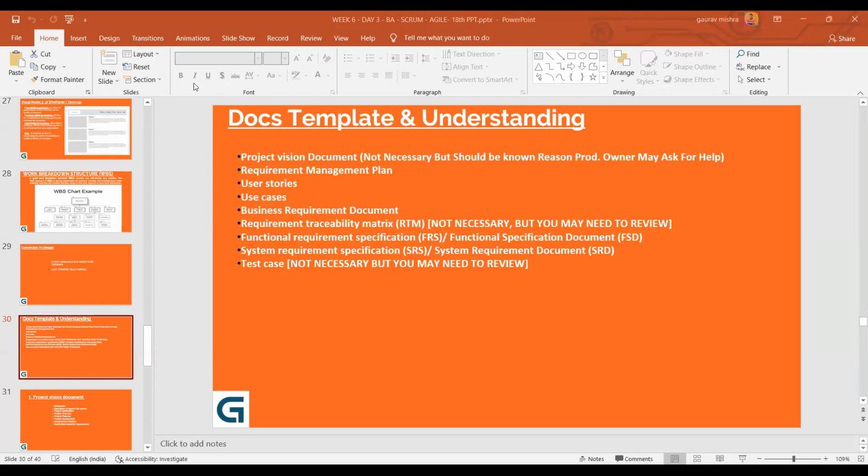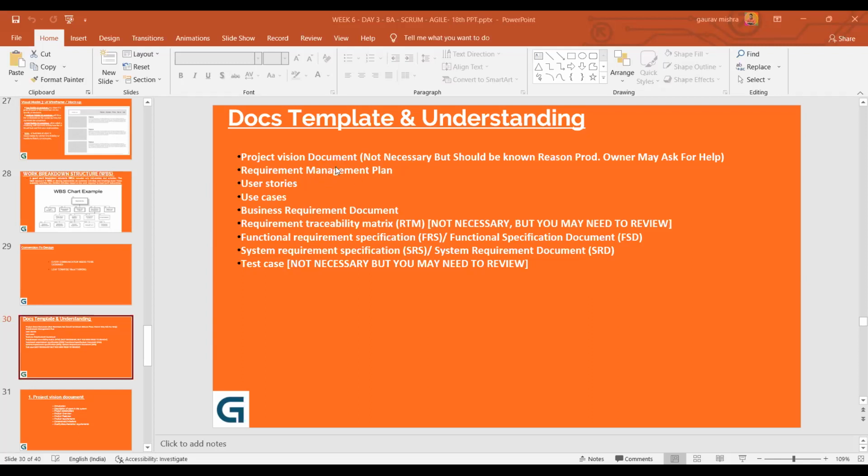So the list of documents is mentioned over here. The very first one we are going to talk about is the project vision document. That is number one. It is not necessary, but it should be known, a known reason to the product owner. So what is this talking about?